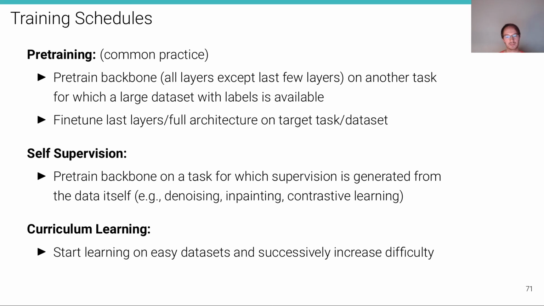So for instance, in the case of optical flow, you start with some very toyish, simple scenes that don't have a lot of complexity to them and learn an optical flow estimator for them. And then you continue training with increasingly more difficult data sets until you arrive at the real data set that you're interested in. And it turns out that this is extremely helpful for some tasks to get good performance.